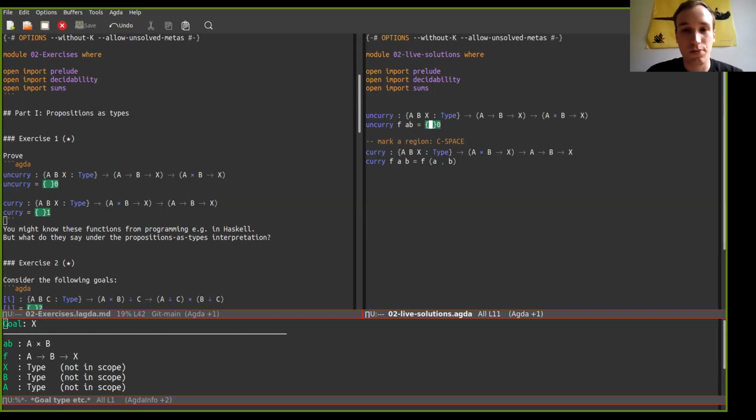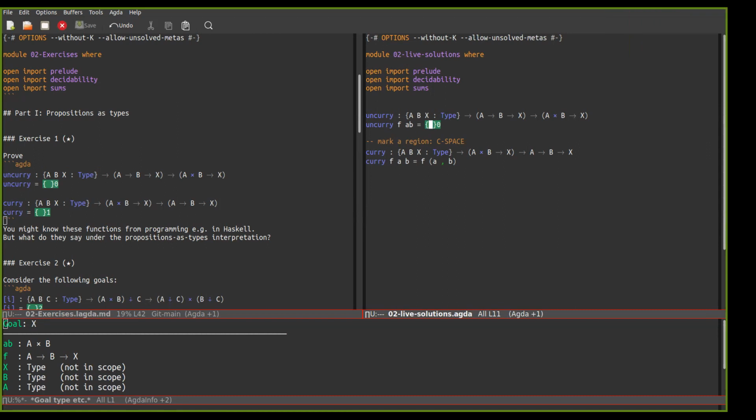Yeah, exactly. Now we're a bit stuck actually, because we want to apply F to AB, but we have to get the content, this pair, in the first and second element.